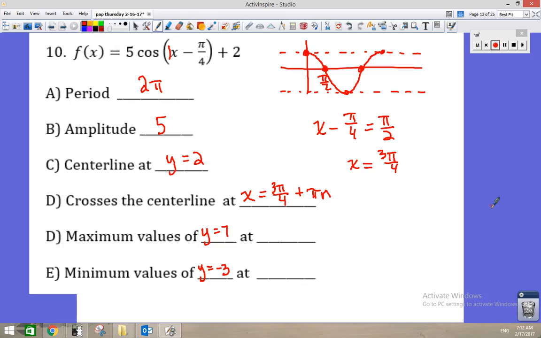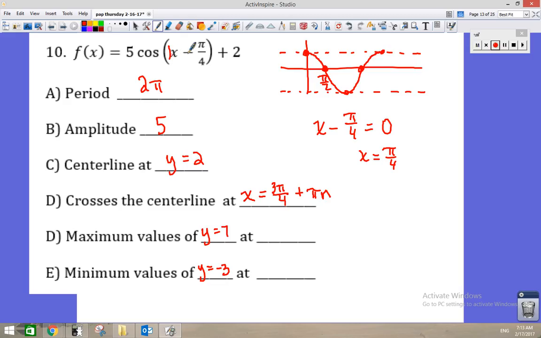Now, the maximum value, cosine of 0 is 1, and 1 is a maximum value for the basic cosine curve. So if we can find the value of x such that when you plug it in, you get the cosine of 0, well, that's pi over 4, pi over 4 minus pi over 4. And that makes sense.